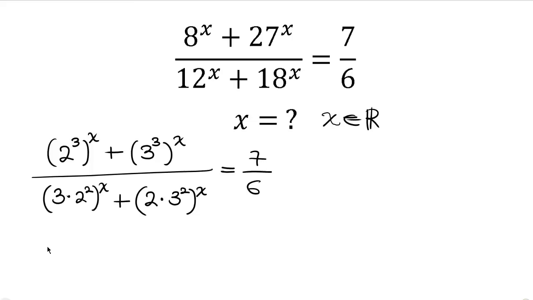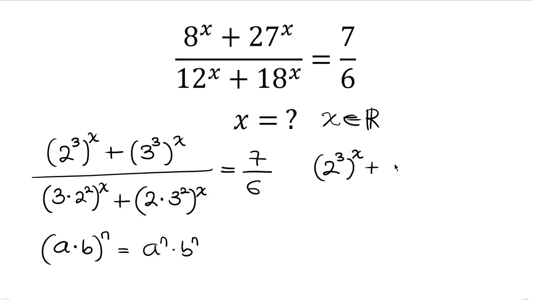Now our next step will be for us to apply the law of indices that says when I have, for example, a times b all raised to the n, this is the same as a to the n times b to the n. So we're going to be applying this to what we have here and here. The numerator becomes 2 to the 3 raised to the x plus 3 to the 3 raised to the x, all over.